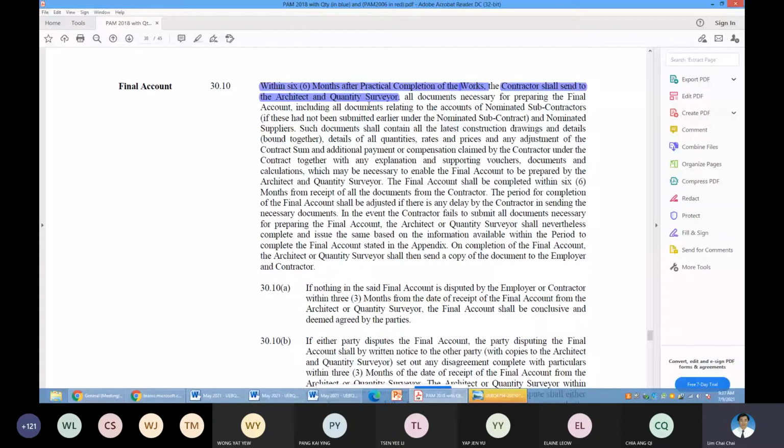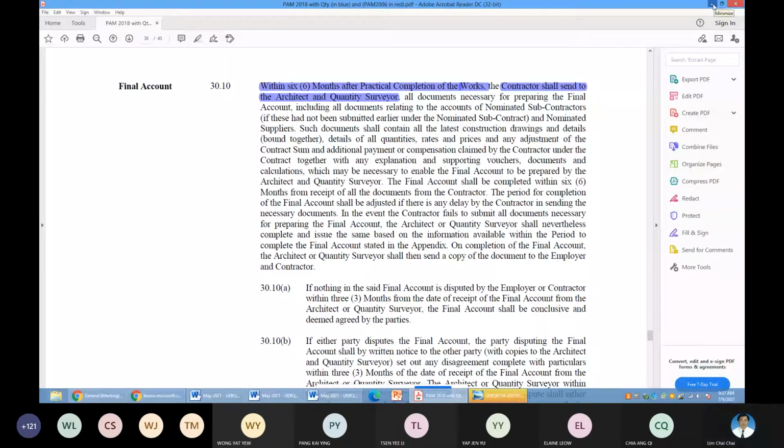But according to PAM 2018, they should submit within the time frame, usually 28 days after the completion, but the contractor sometimes delays until this point to prevent a lot of so-called shock. So this is something you need to be careful about.